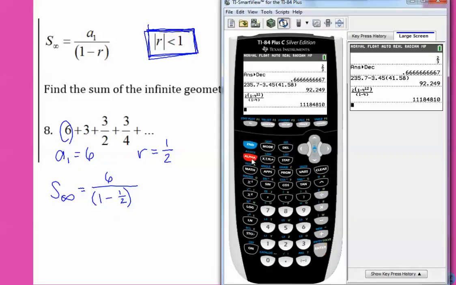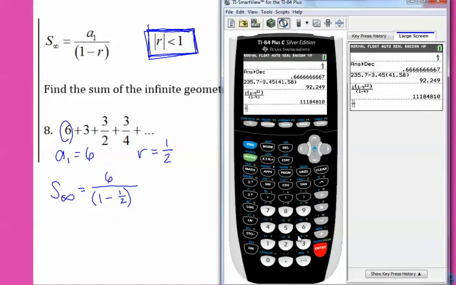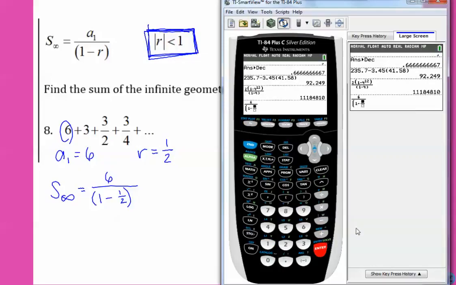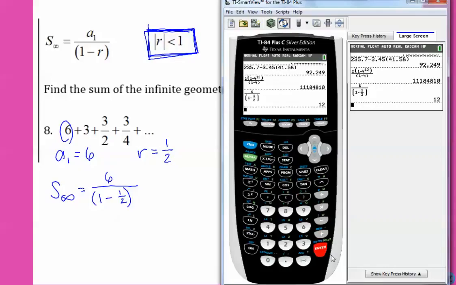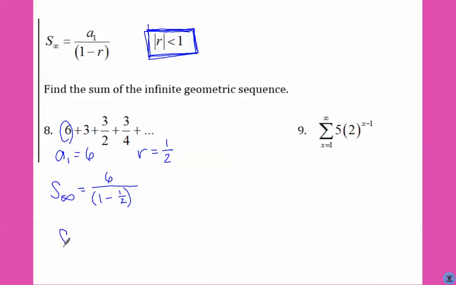Type that in your calculator. You can put more than one fraction in a fraction. Close your parentheses. If we added up all the terms forever, we would eventually get to 12.